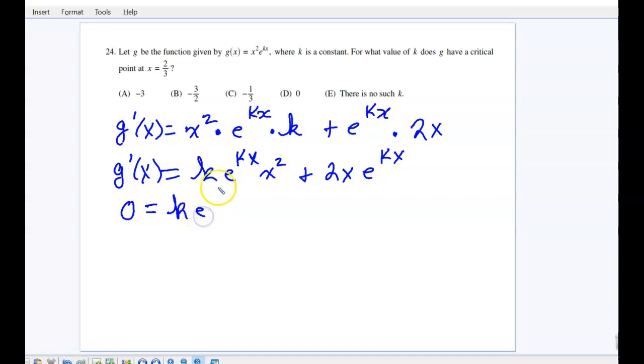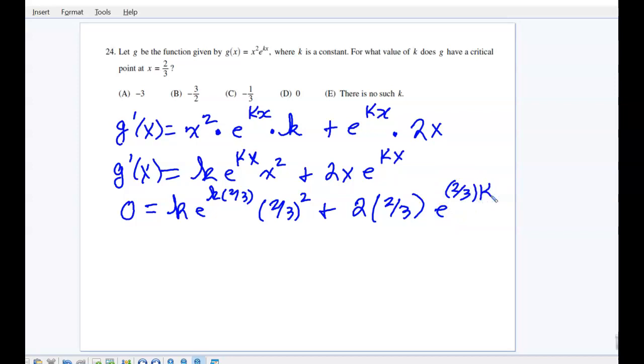So it's going to be e to the k times 2/3 times 2/3 squared plus 2 times 2/3 e to the 2/3 times k.